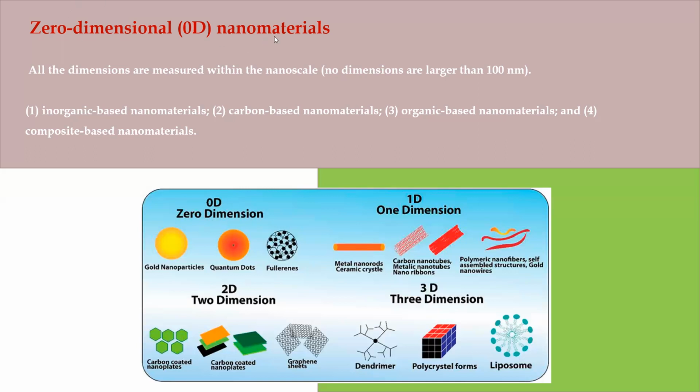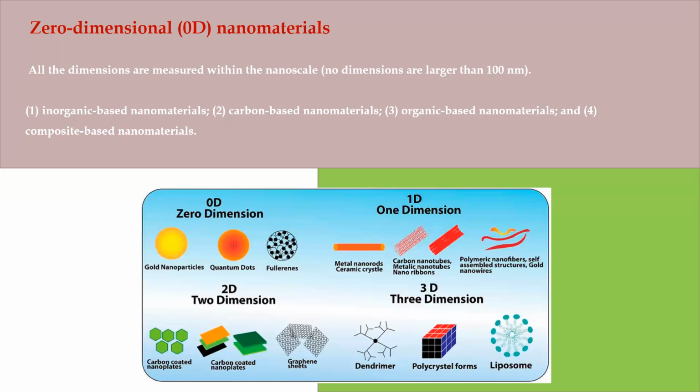So zero-dimensional nanomaterials are those where all dimensions are measured in nanoscale. In other words, no dimension is larger than 100 nanometer. That means all dimensions, length, breadth, height, everything, are in the nanometer scale.